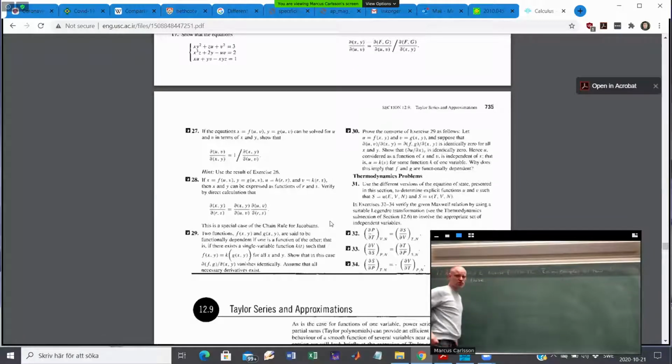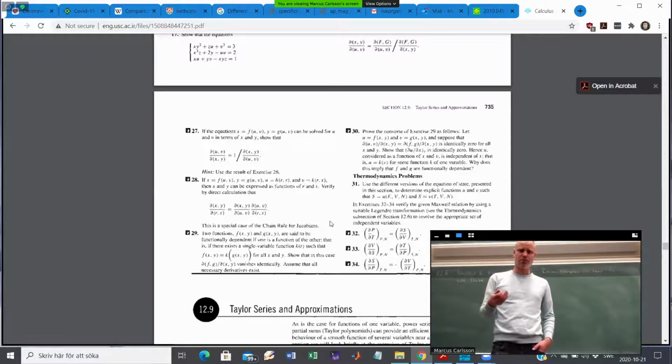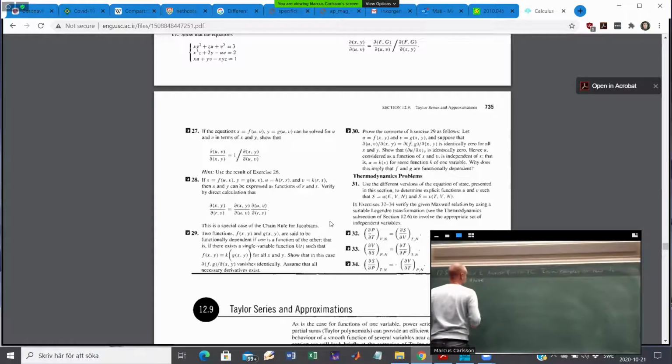The inverse function theorem is actually a special case of the implicit function theorem. It's simpler. It just says that a function of n variables into n variables is invertible locally if its Jacobi matrix is invertible, right? So you know how to use these.